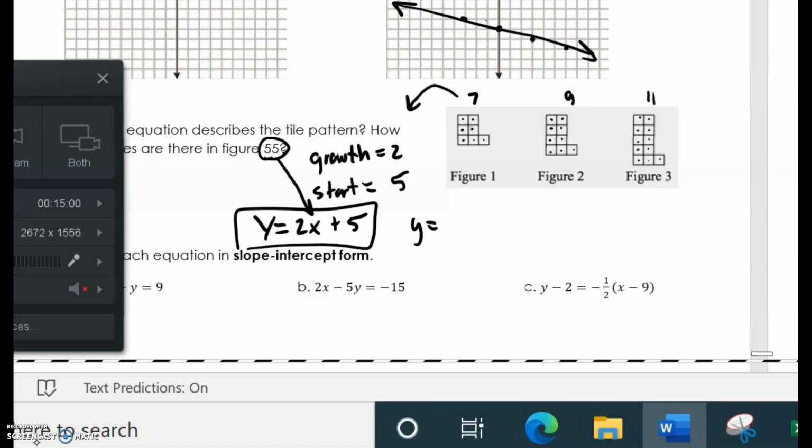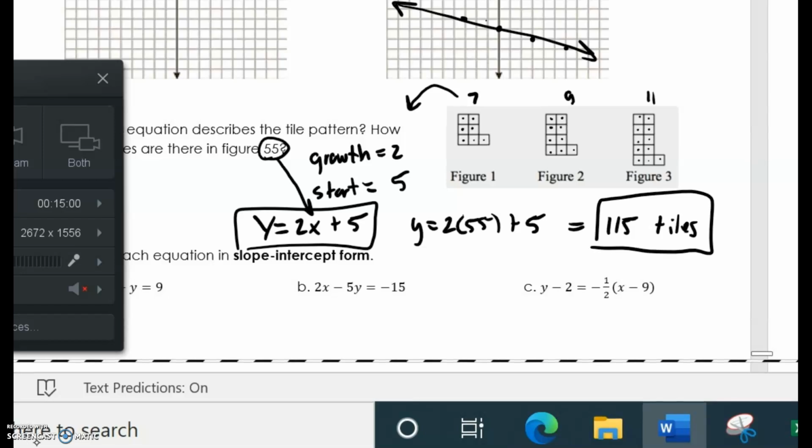So y equals 2 times 55 plus 5. Well, if I calculate that, 2 times 55 plus 5, is 115. So there's going to be 115 tiles in figure 55.